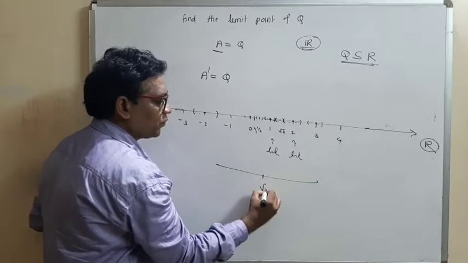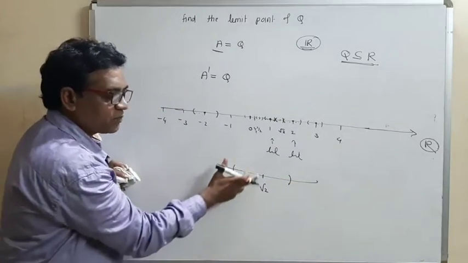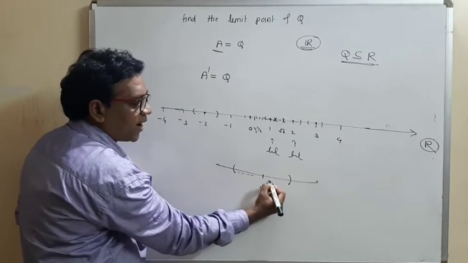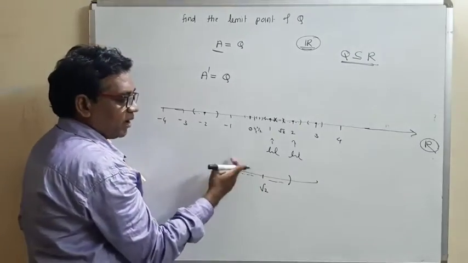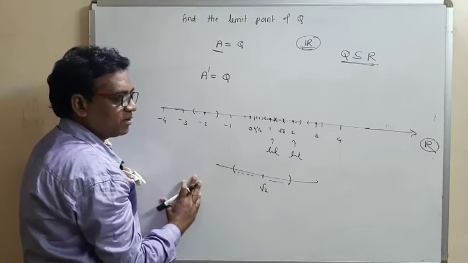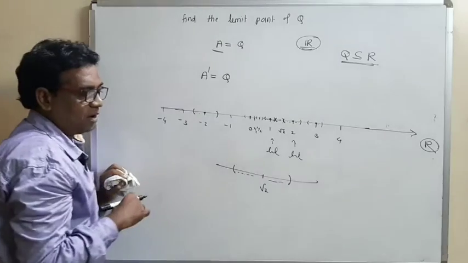This is our root 2, and this is the open sphere or open interval for this point. This open sphere contains infinitely many rational numbers, because we know that any interval contains infinitely many rational numbers as well as irrational numbers. So every irrational number is also a limit point.